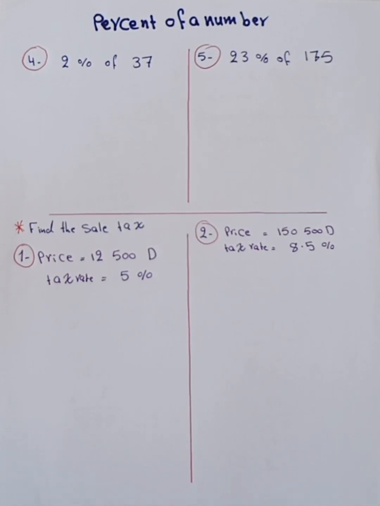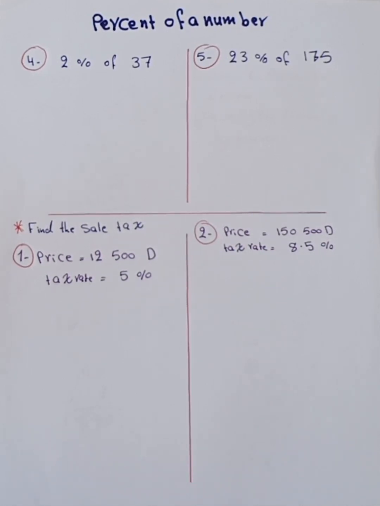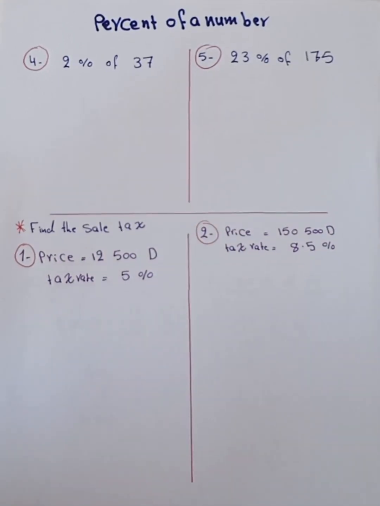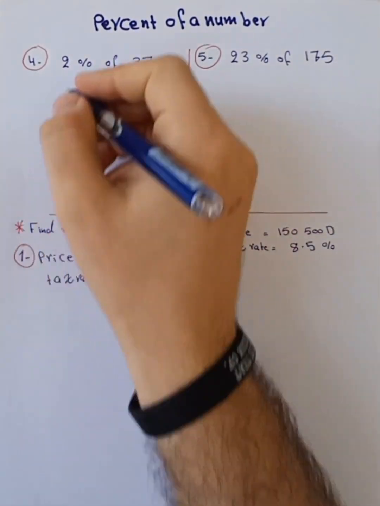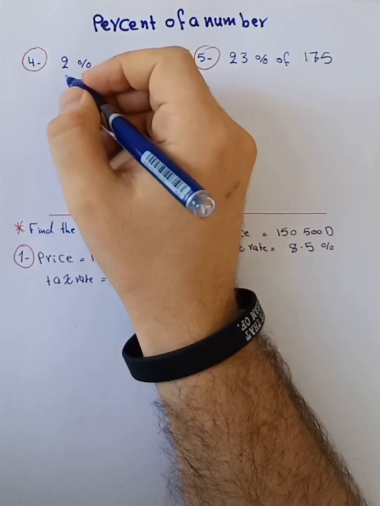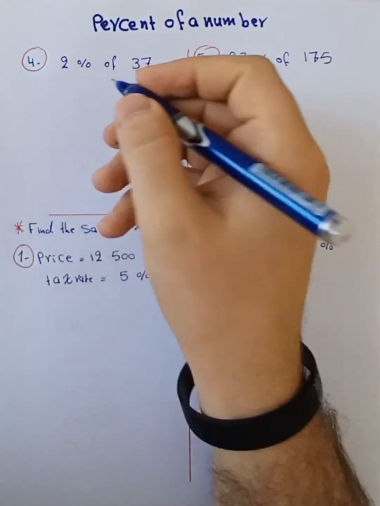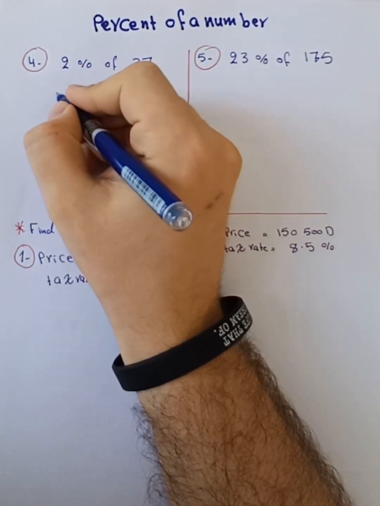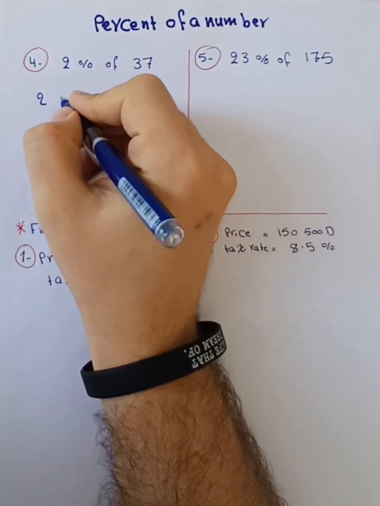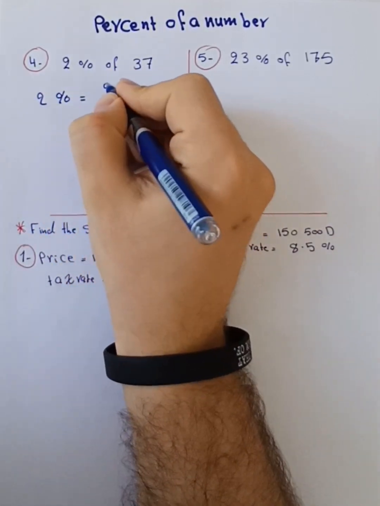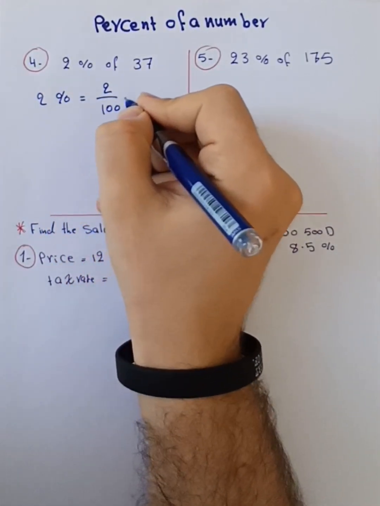Example number 4, we have 2% of 37. So first we have to change this percent by dividing it by 100. We have 2%, 2 divided by 100.